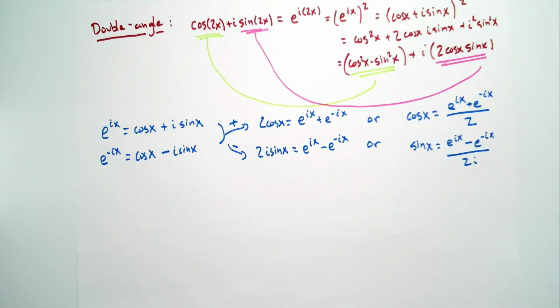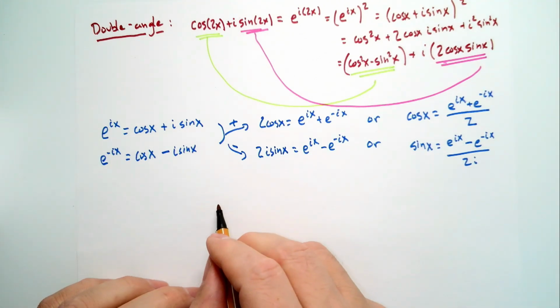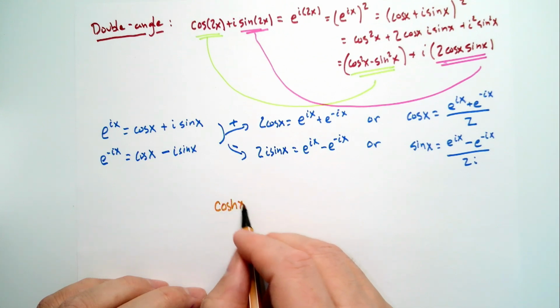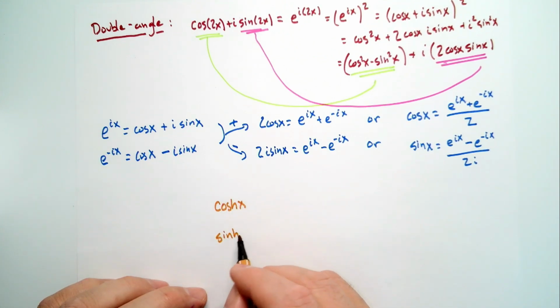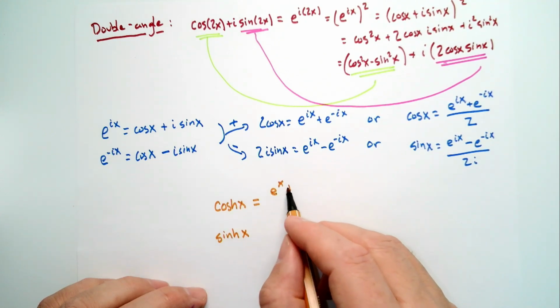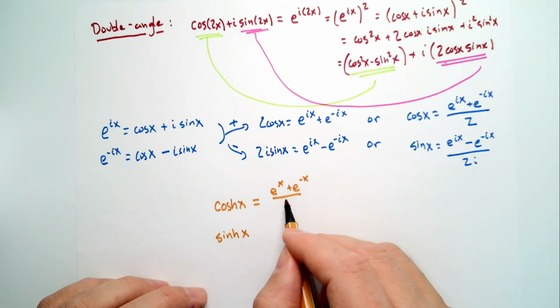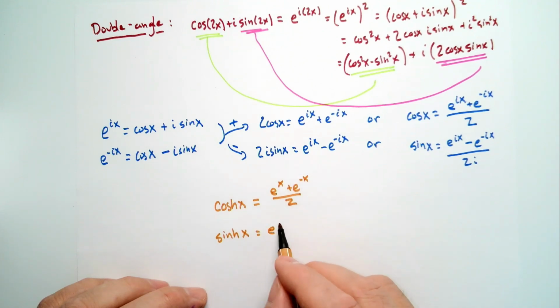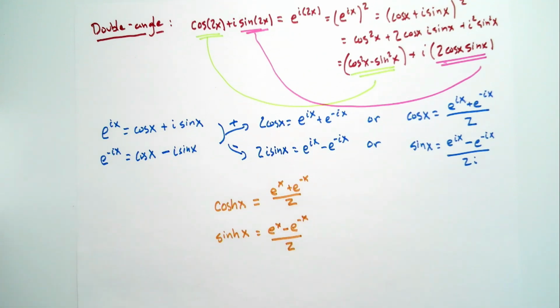Now, if you dig really far back and you say, hey, I remember something from a long time ago, there's something called cosh and sinh, hyperbolic cosine, hyperbolic sine. So cosh is (e to the x plus e to the minus x) over 2, and sinh is (e to the x minus e to the minus x) over 2. When you first see these functions, you say, that doesn't look like anything to do with cosine.